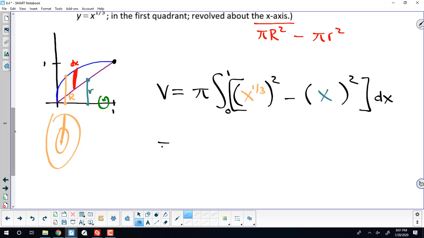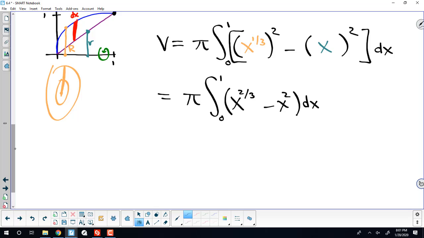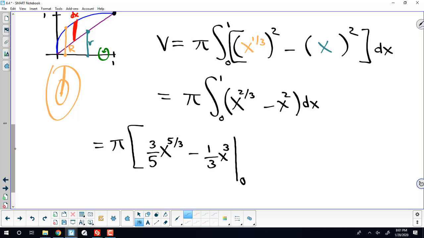So we'll just verify that this is the same as what we have above. Just powers of x again. Antiderivative, we've got x to the 5/3 times 3/5 minus 1/3 x cubed from 0 to 1.